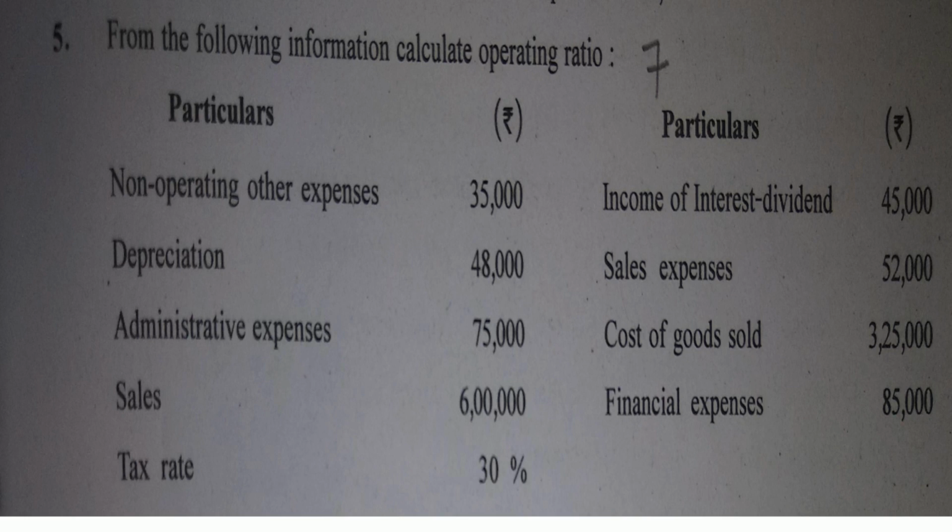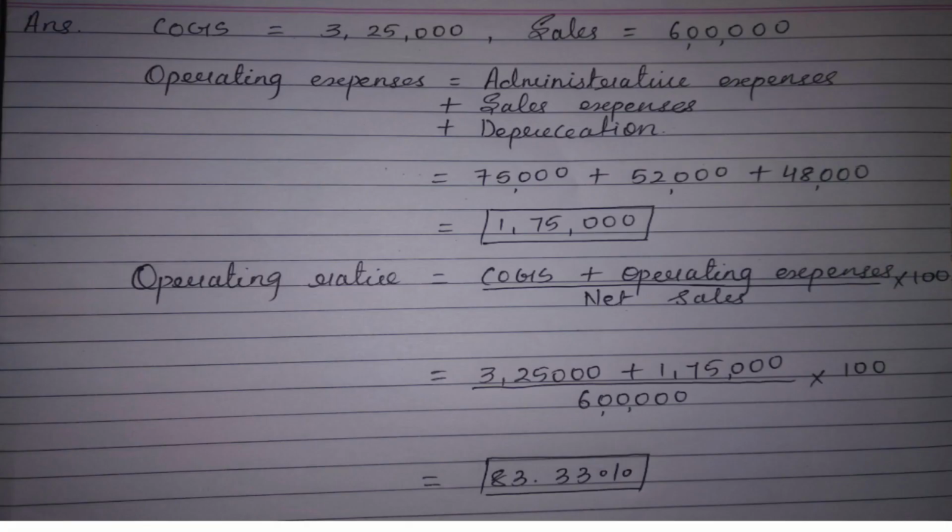Only that much. So, operating expenses have been calculated here. You can see 75,000 plus 52,000 plus 48,000. Operating expenses is 1,75,000.